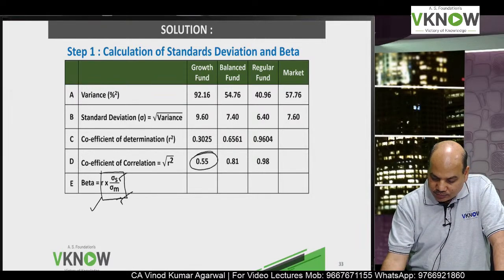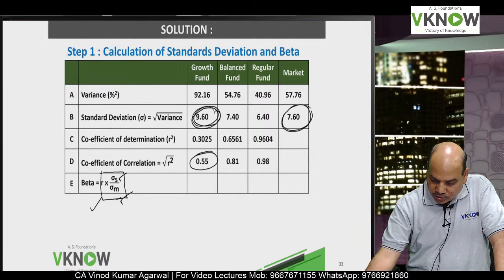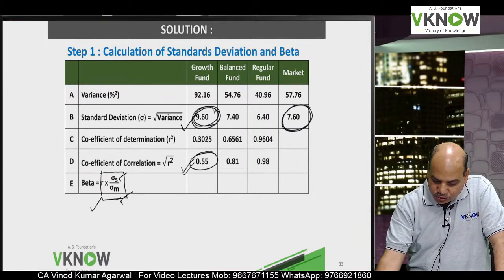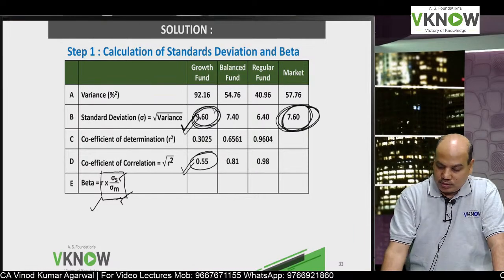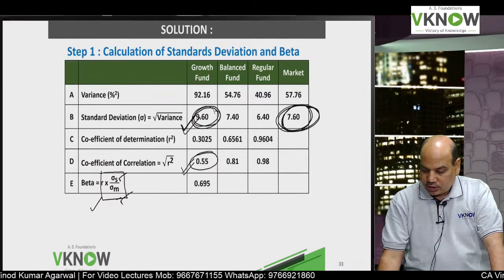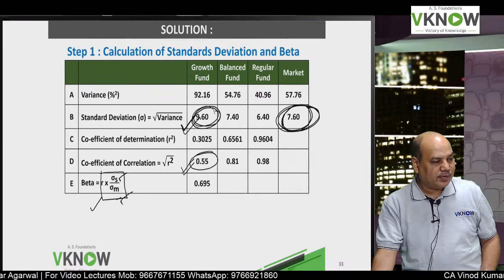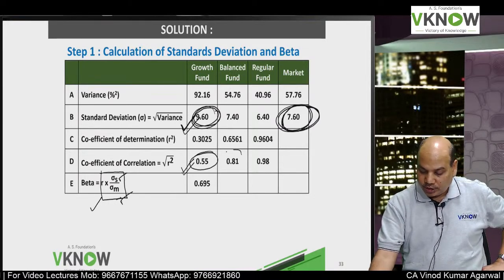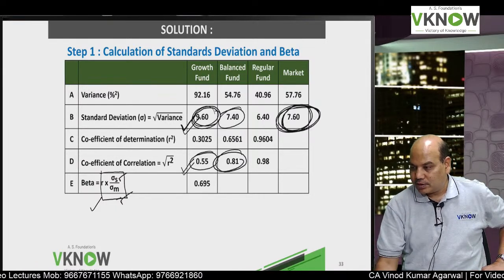This is R. Where is sigma S? This is sigma S. And this is sigma M. 0.55 into 9.6 divided by 7.60. So that comes to 0.695. Very good. Next one. Keep replying. 0.81 into 7.40 divided by 7.60.